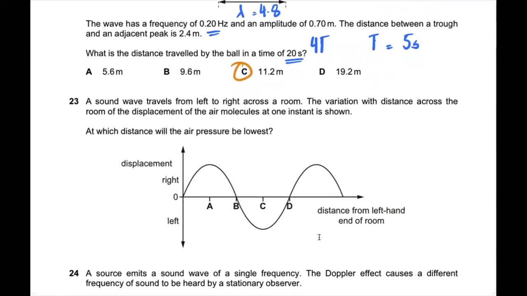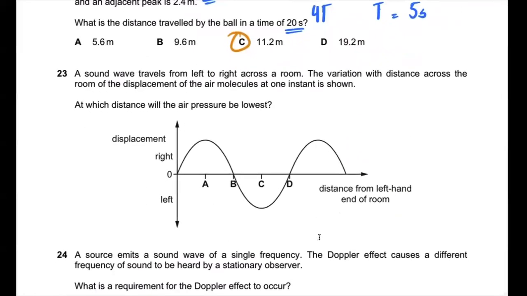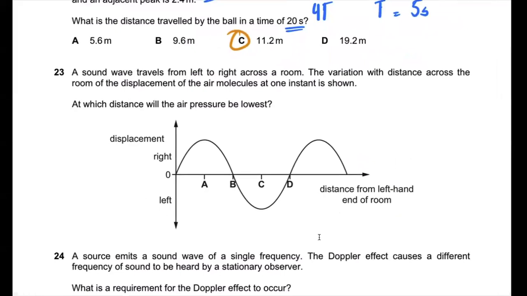All right, 23. A sound wave travels from left to right across a room. The variation with distance across the room of the displacement of air molecules at one instant is shown. At which distance will air pressure be the lowest? So, air pressure being the lowest, how do you select this? So you have a displacement distance graph.